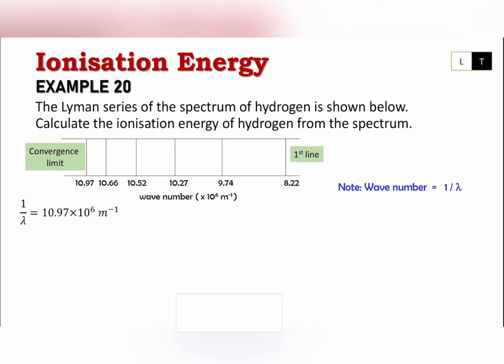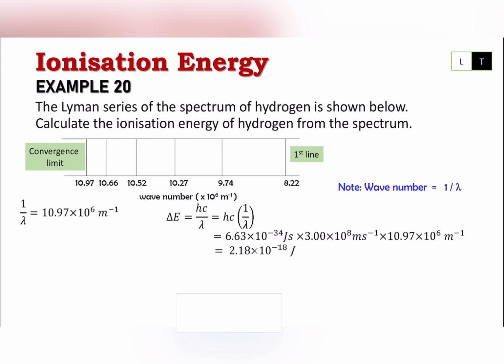Hence, from here, I'm going to calculate the delta E. I use the simplest formula, delta E equals hc over lambda. And I have hc, which I take out, times 1 over lambda. So this is the value for my wave number that I have to insert here. So put in all those values for Planck's constant, the speed of light, and last but not least, our wave number.